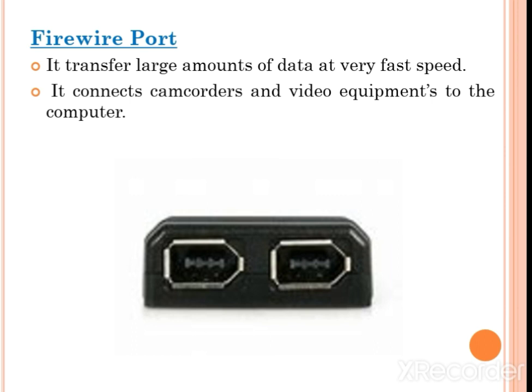There are three varieties of firewire port. First, 4-pin firewire with the 400 connector. Second one is 6-pin firewire with the 400 connector, and 9-pin firewire with 800 connector. This is about firewire port.